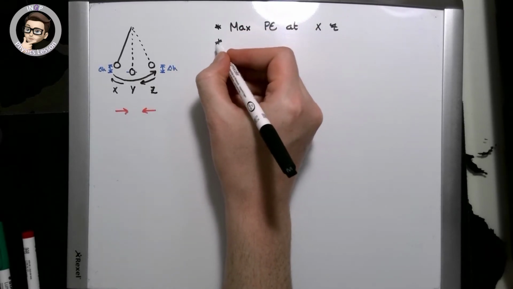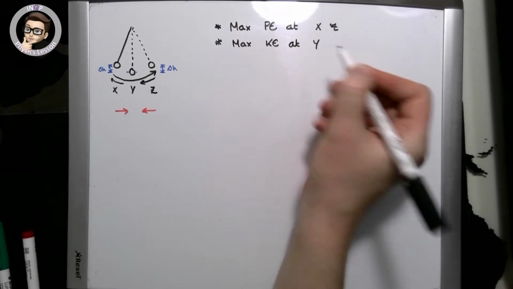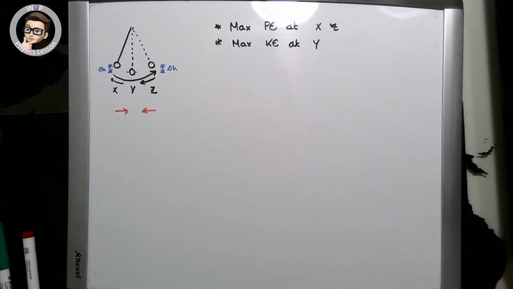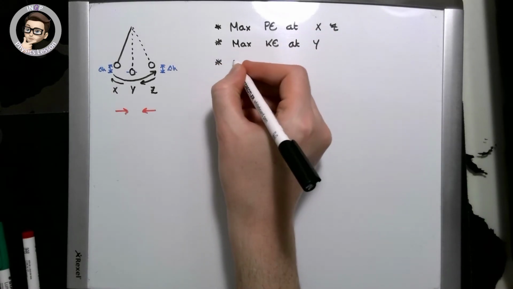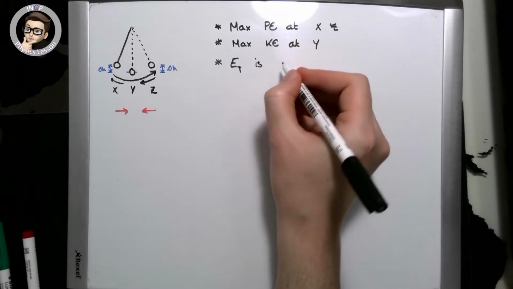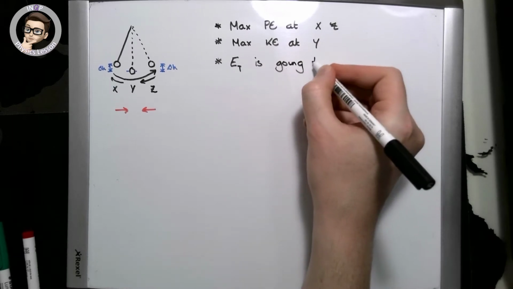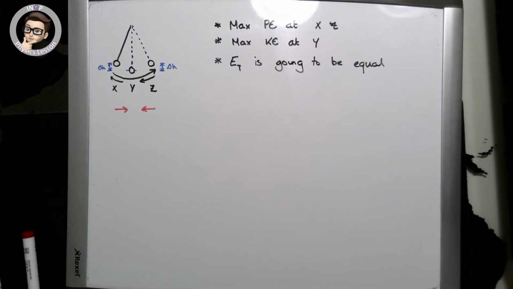So therefore we must have maximum kinetic energy at Y. So if we know that there's no loss of energy, then we can also say that the total energy, ET, is going to be equal, because no matter where we are, we're going to have either gravitational or kinetic or a mixture of the two, and that's the way this is going to work.